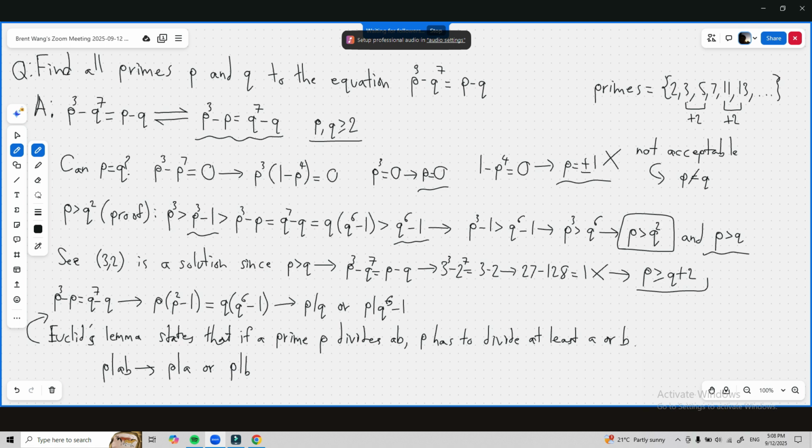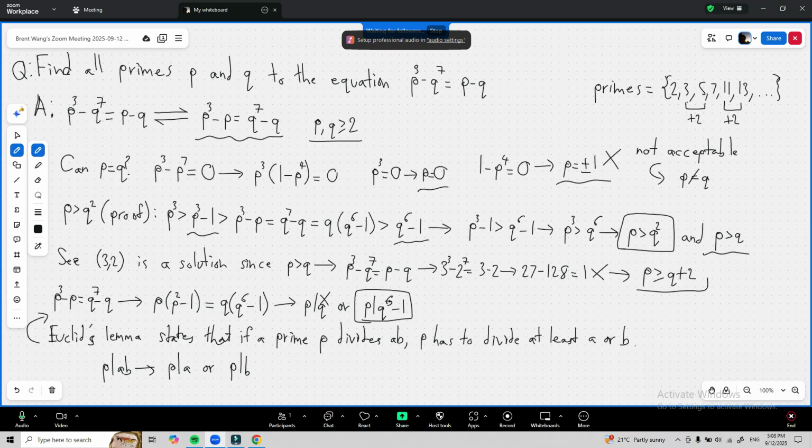Now, obviously, P cannot divide Q because remember, P is greater than Q. So therefore, P has to divide Q to the 6th minus 1, by default. I'm going to erase most of this whiteboard except for the question, so just take a screenshot of this if you want to track this down.